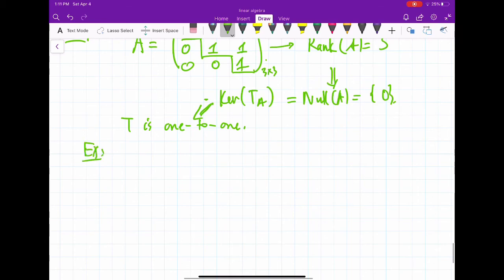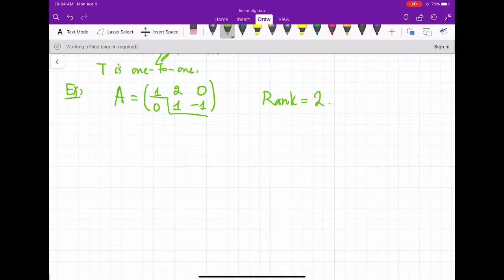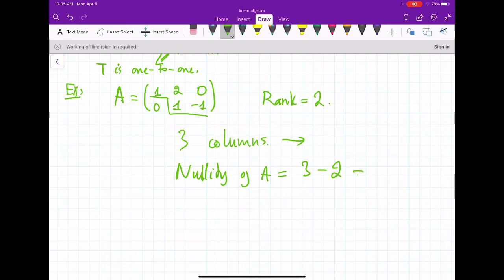Let's consider another example. We have a non-square matrix A equal to rows 1, 2, 0 and 0, 1, negative 1. Look at this. The rank of A in this case is 2, because this matrix is already in row echelon form. And since this matrix has 3 columns, we get that the nullity of A is equal to 3 minus 2, which is 1.